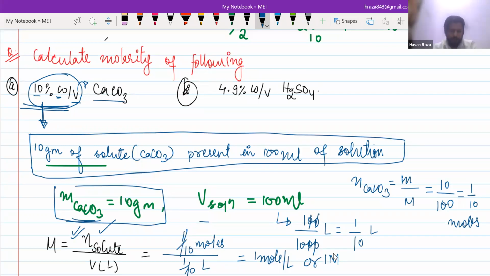Sakina and Anushka, is there any doubt in this? No, sir. No, sir. Understood. Please do write it and do solve the D part.